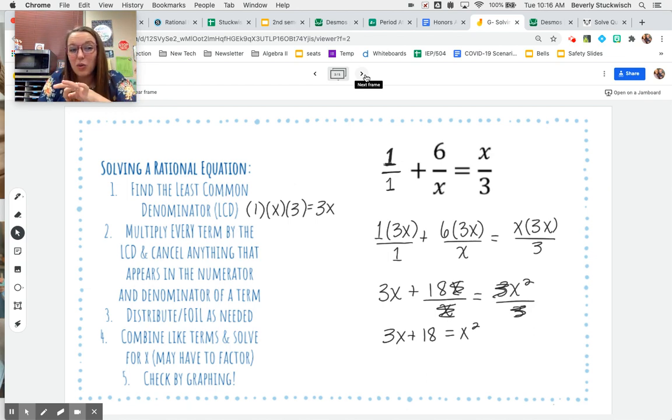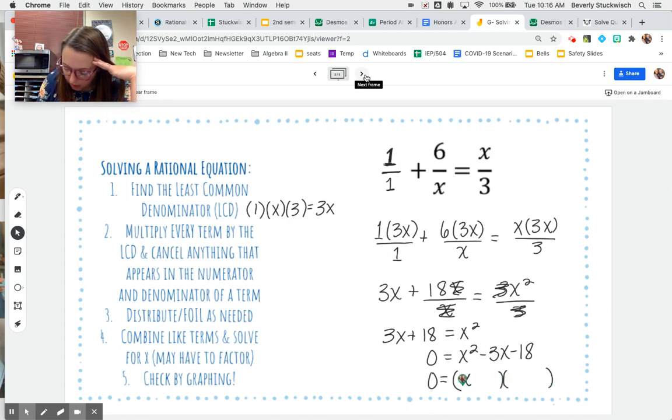I like to keep x squared positive. So I'm going to move the 3x and the 18 to the other side, and you can either factor or use the quadratic formula, whatever your preference is. But this is what it will factor to. So my solutions are 6 or -3.